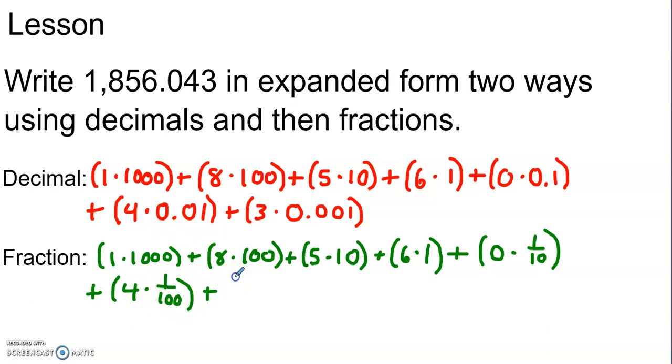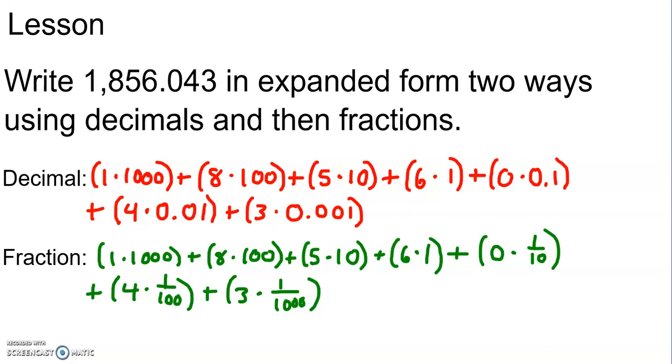And then the last digit is a 3. So I have 3 times 1,000ths, but instead of writing it this way, I'm writing it as 1 over 1,000. Okay. And then I put my parentheses. So I close that out.